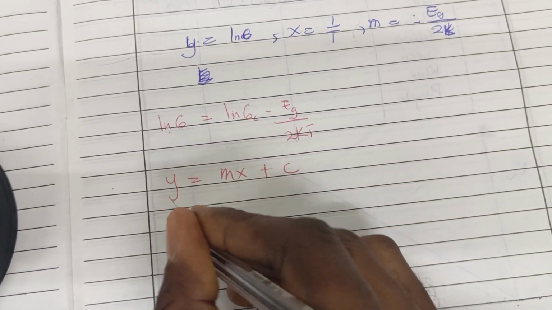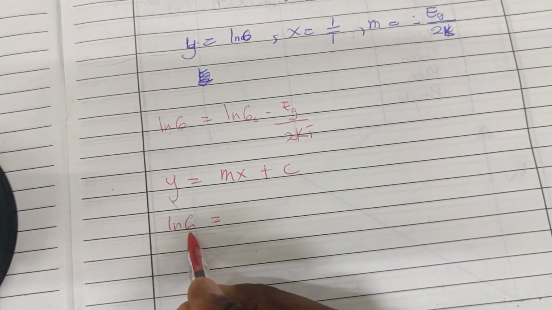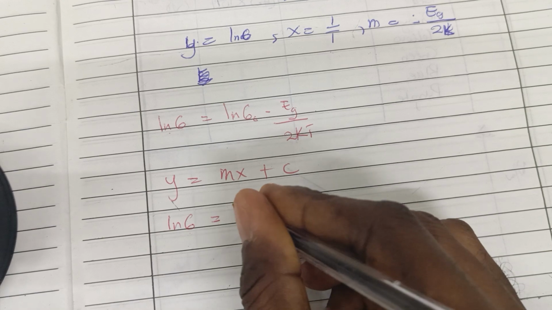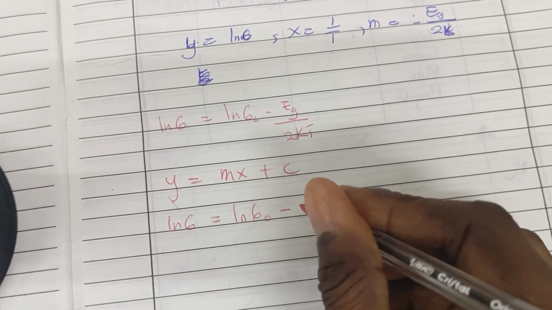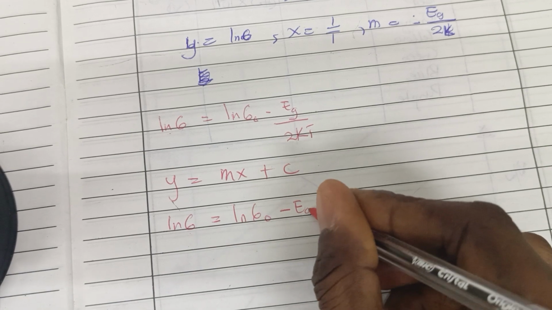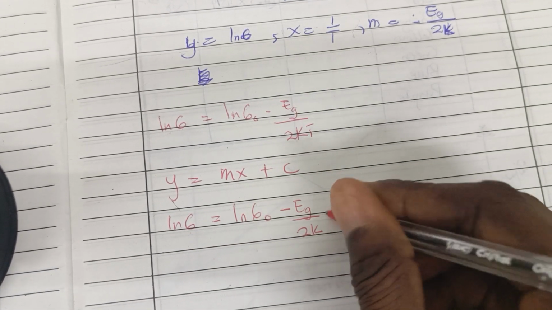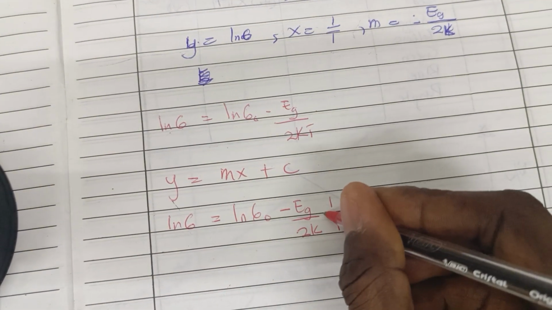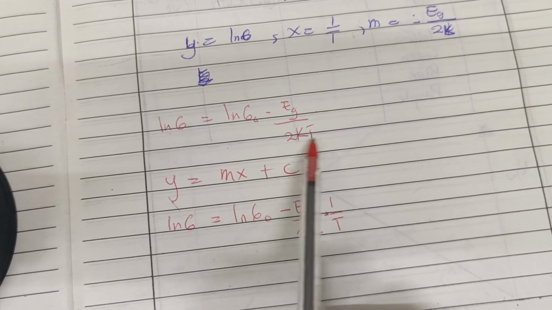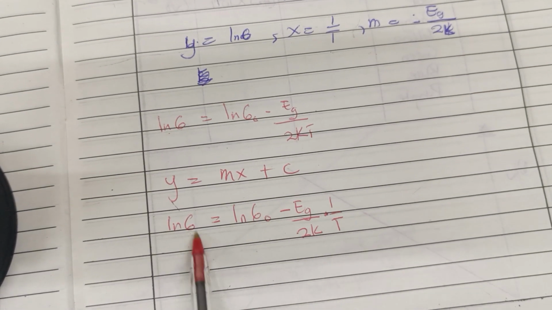What we have to do is this: ln σ, please, this is not 6, it is conductivity σ, and then ln σ naught, minus Eg over 2k, dot 1 over T. So you see, if we factorize out this T, we will have something like this equation.